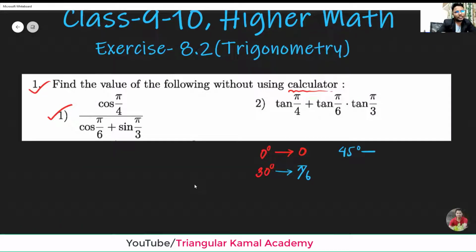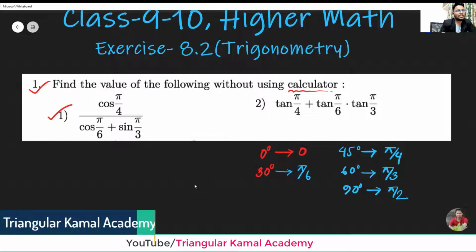If we convert this angle into radian, the angle is pi by 4. Next one is 60 degree, which radian measurement is pi by 3. So now finally another angle 90 degree, which is pi by 2. So if we can memorize the radian angle and the sexagesimal system, easily we can identify the value.